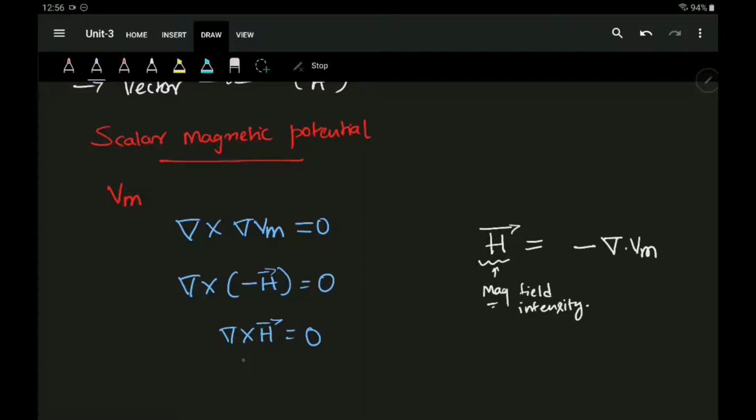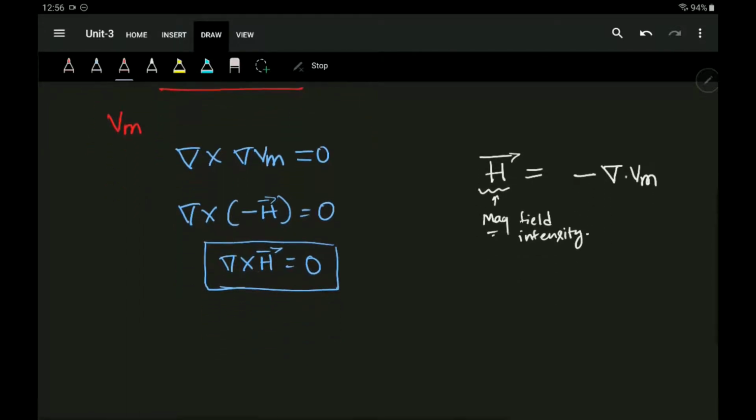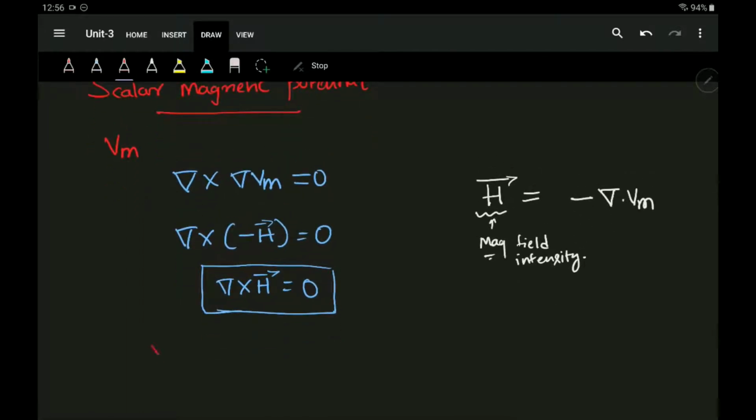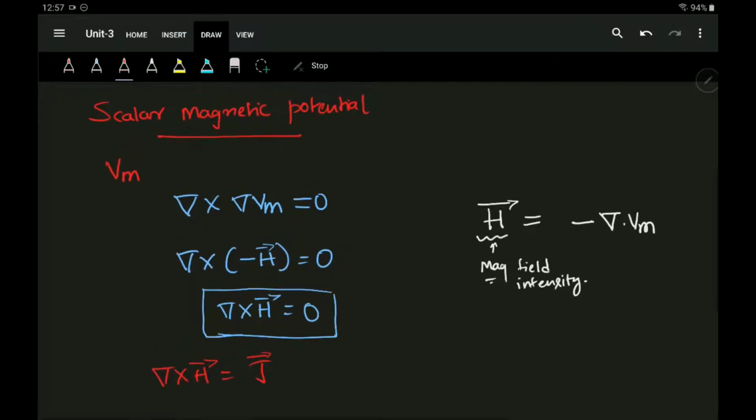What is this statement giving us the meaning? The curl of H gives me the current density that is available in that particular closed path or surface. But here, for a scalar magnetic potential, I am getting the current density equal to 0.